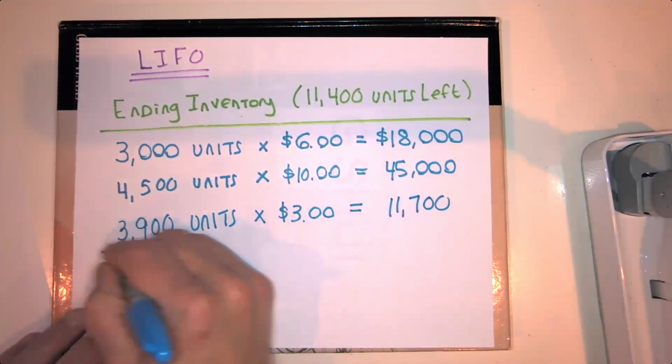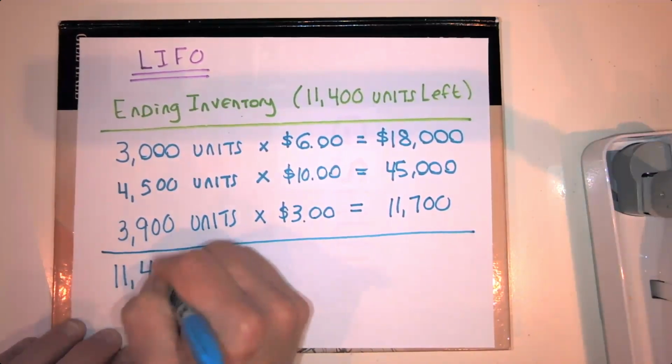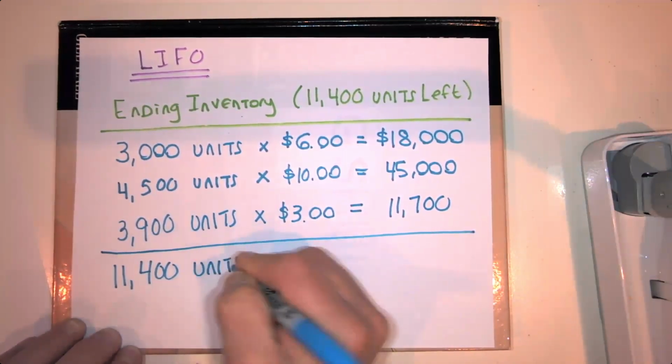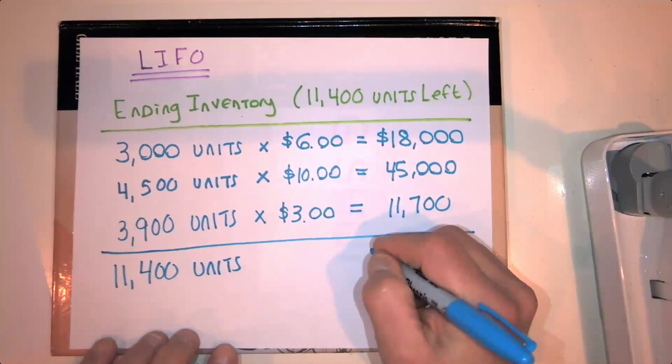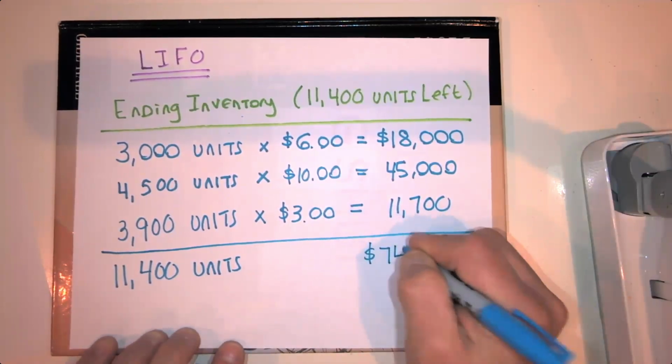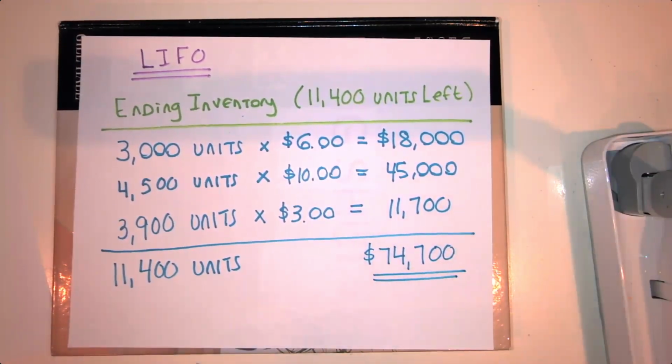I took 3,900 units because that got me to the 11,400 units I need. And under LIFO, my ending inventory is $74,700.